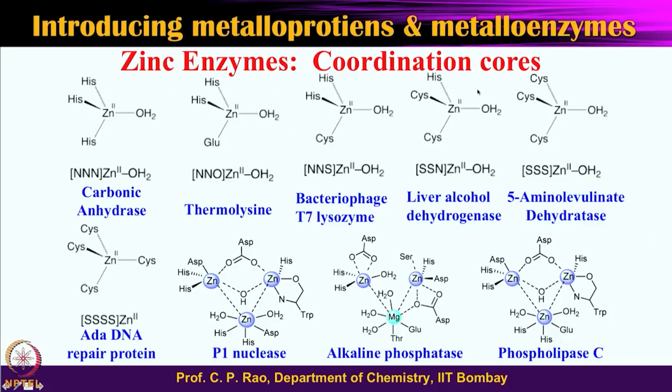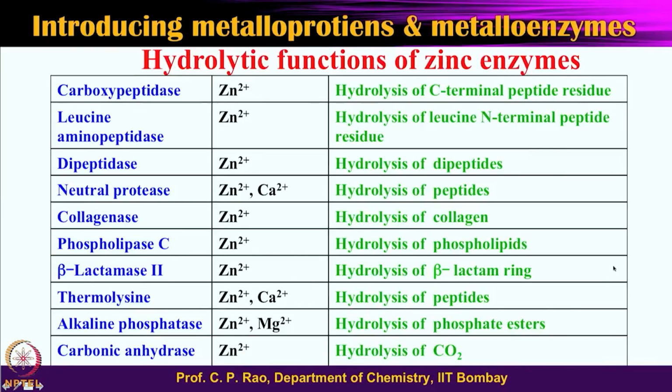What we have looked at in more detail right now is alcohol dehydrogenase, having the catalytic center and the structural center. In the next few classes we just began carbonic anhydrase, but we will go into more details of this, and we will also look at the peptidase kind of things and other enzymes as we go across.